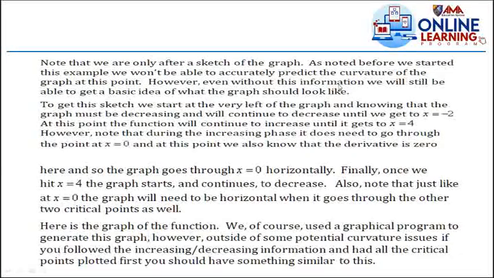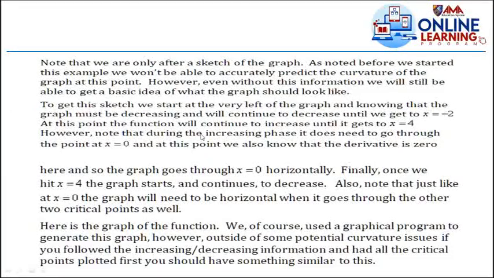However, even without this information, we will still be able to get a basic idea of what the graph should look like. To get this sketch, we start at the very left of the graph, knowing that the graph must be decreasing and will continue to decrease when we get to x is equal to -2.